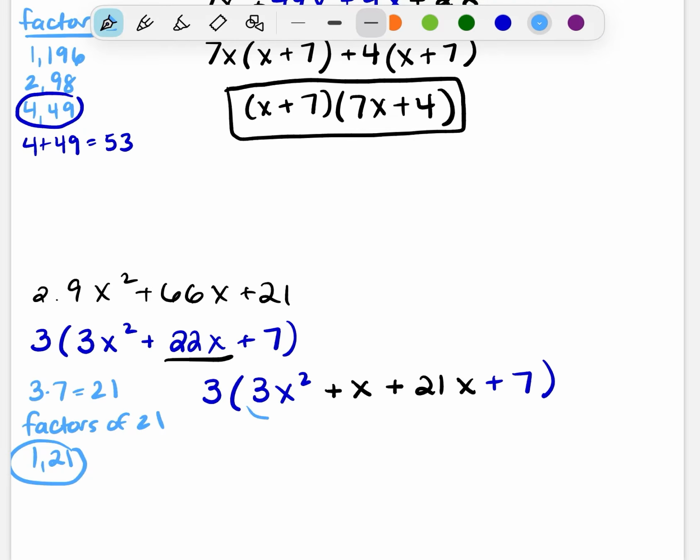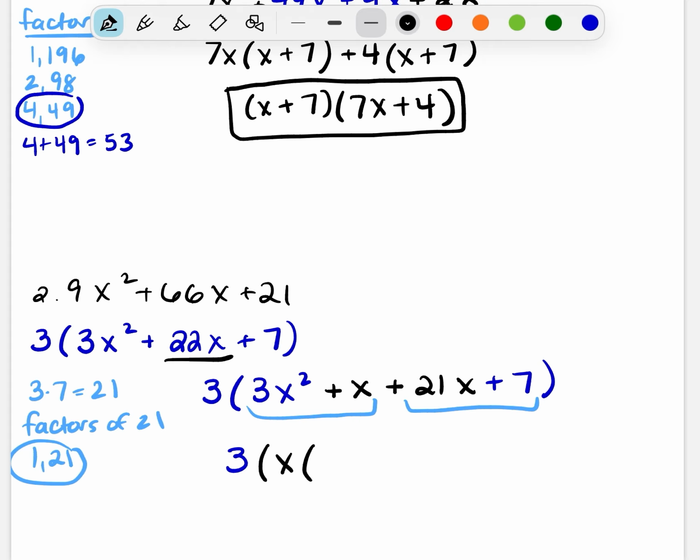If I break these into two groups, keeping my 3 out front, 3x squared plus x has the greatest common factor of x. When I factor that out, I'm left with 3x plus 1. 21x plus 7 has the greatest common factor of 7. And when I factor that out, I'm left with 3x plus 1.